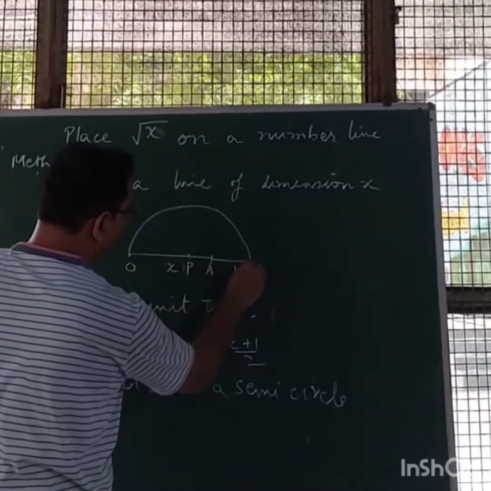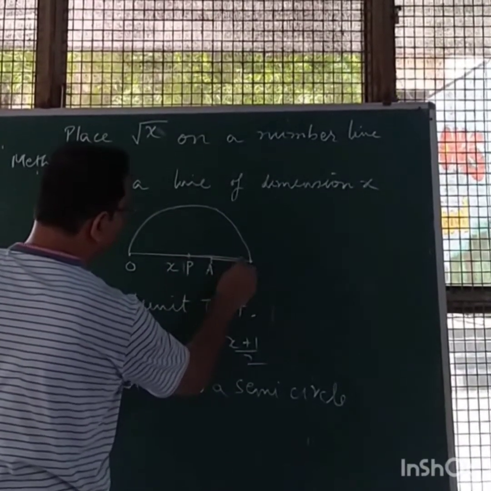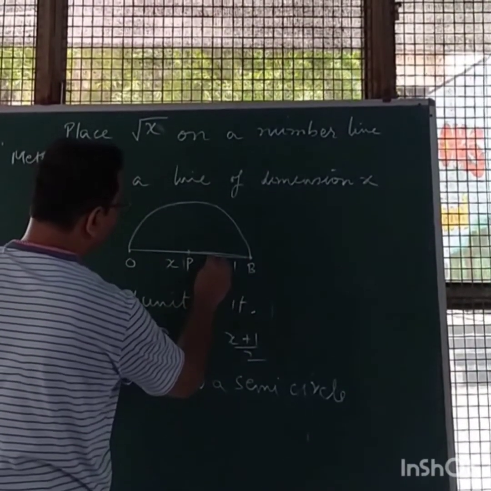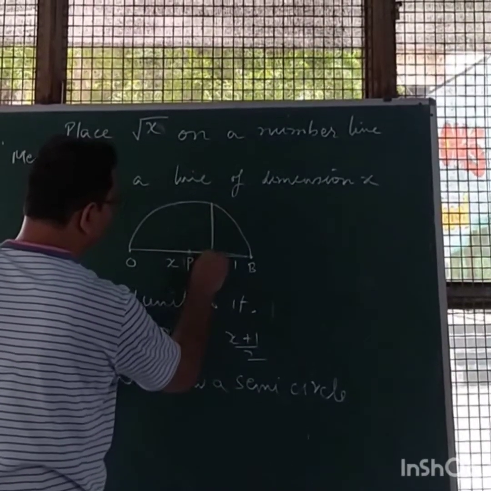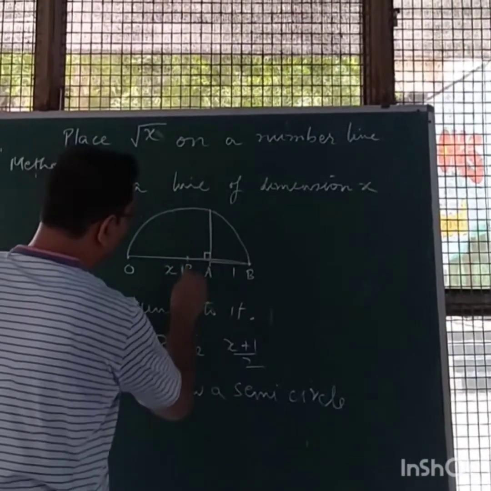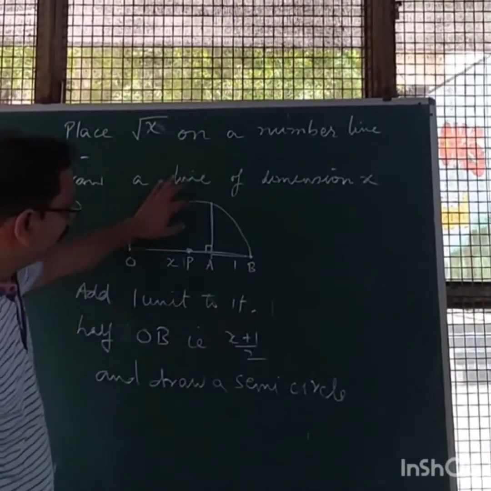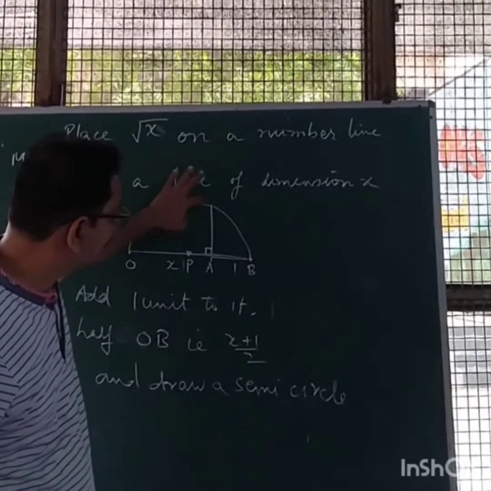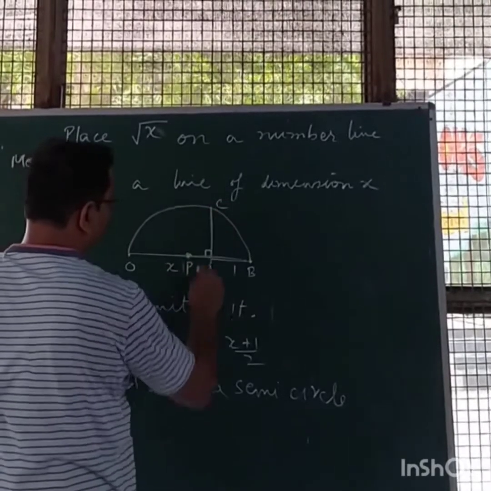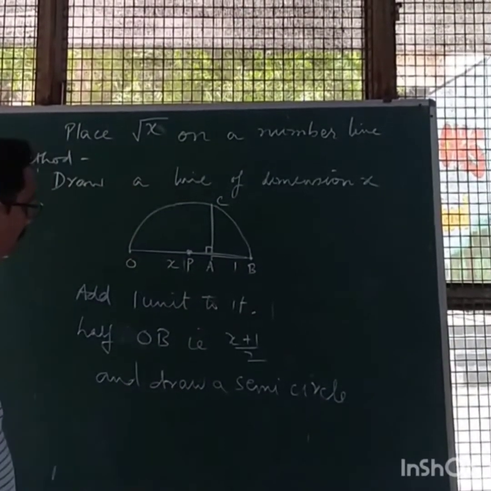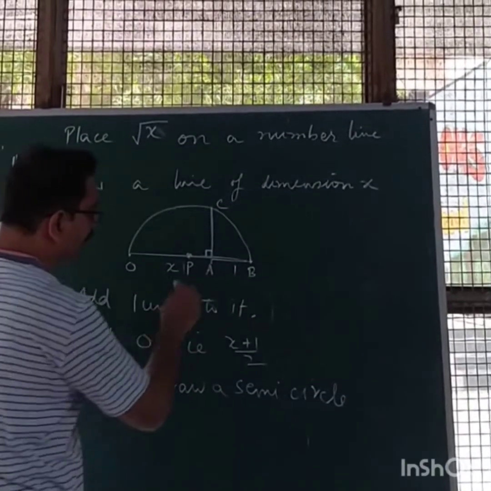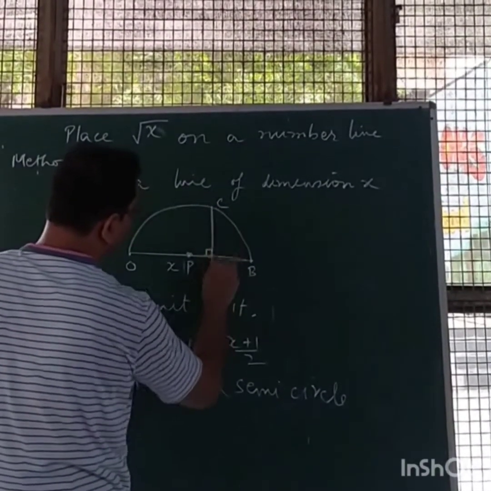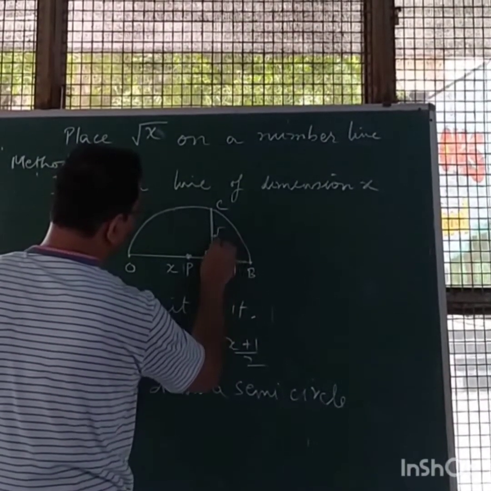Now PB is the radius, and we draw a perpendicular from here which bisects the semicircle at point C. Now according to this we will have AC equal to under root x.